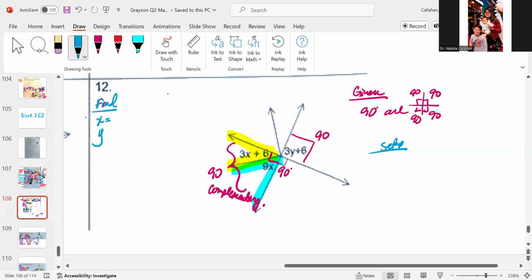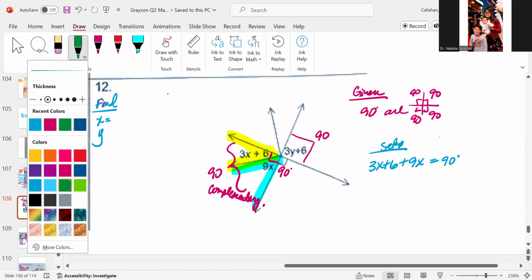X plus 9x is equal to, really 180? You really think the yellow angle and the blue angle add up to a straight line? What does it add up to? If you don't do 180, your entire question just got messed up right now.